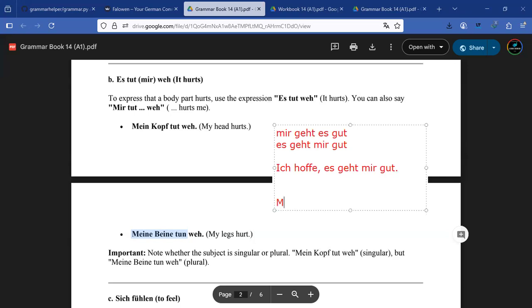So we can say that you can bring the body part. So for example, "mein Kopf tut weh," right? And mostly these ones go with dative, which we are going to check tomorrow. So we can bring "mir" here, right?